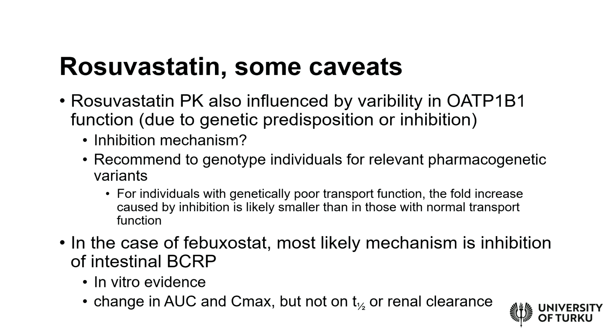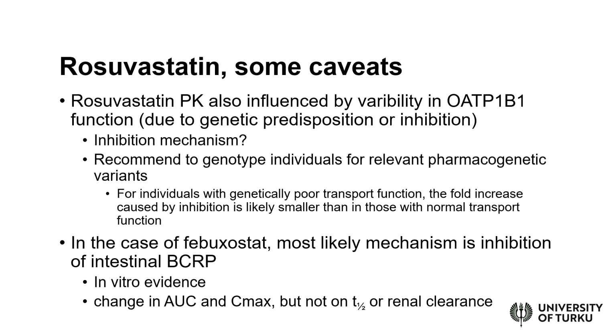Of course, it may not represent the population average altogether, but typically these are quite small studies, so chance can have quite a lot of impact. But for the febuxostat-rosuvastatin interaction, it seems evident that the most likely mechanism is inhibition of intestinal BCRP.